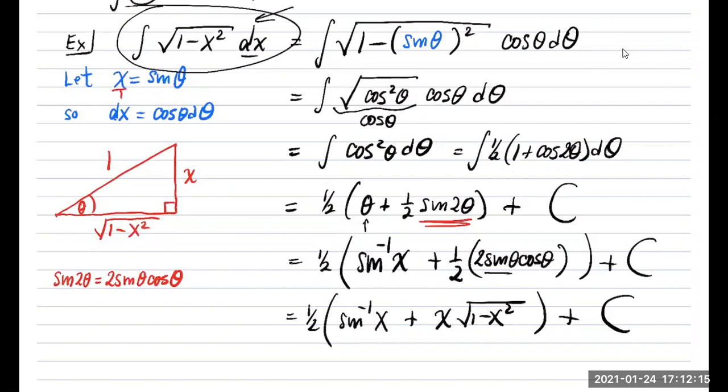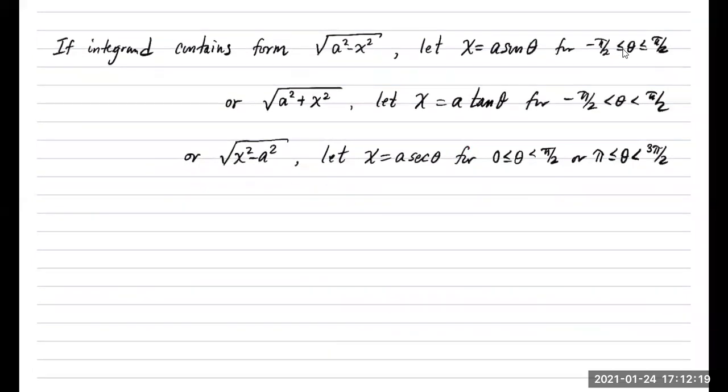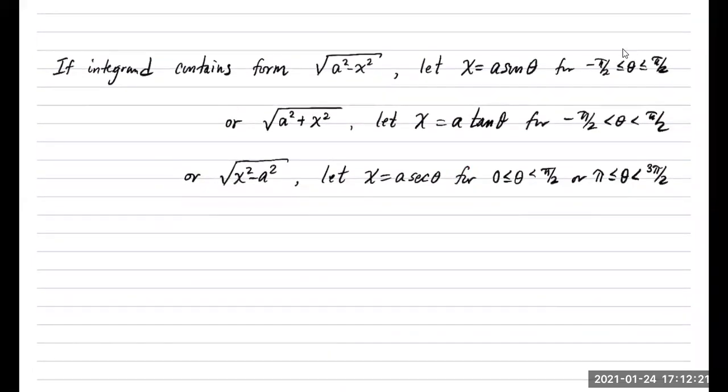Now, what I did was I made a little table for us right here. If the integrand contains any one of these 3 forms, these are the 3 substitutions that we will make. And notice this, kids. These right here correspond to quadrants 1 and 4 for the reasons that we discussed earlier.